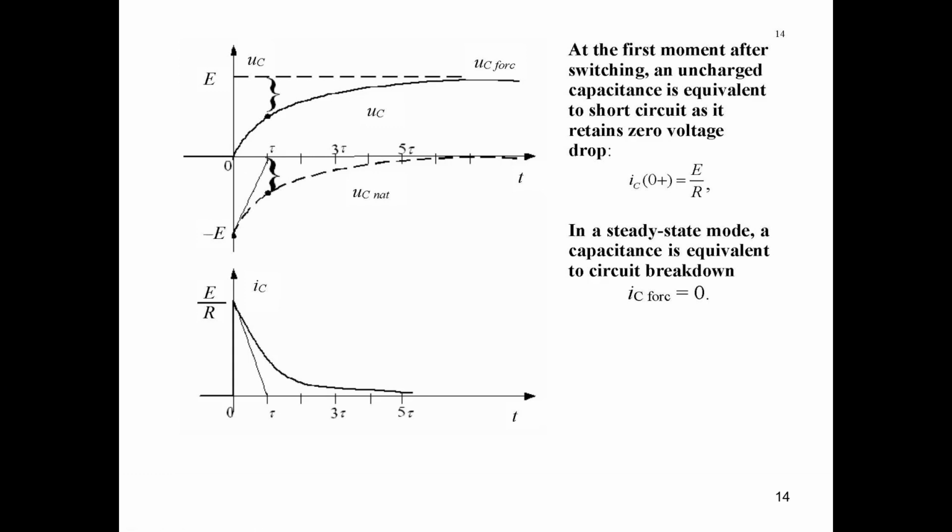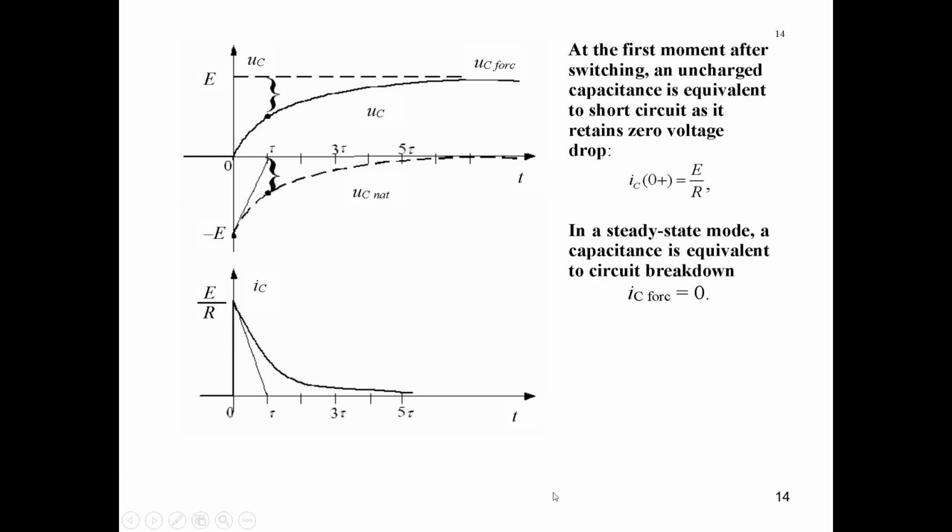Otherwise we would require an infinitely big influx of energy to provide a steep change of voltage drop across the capacitance, and such smooth change is possible just due to the sharp change in current through this inductance.